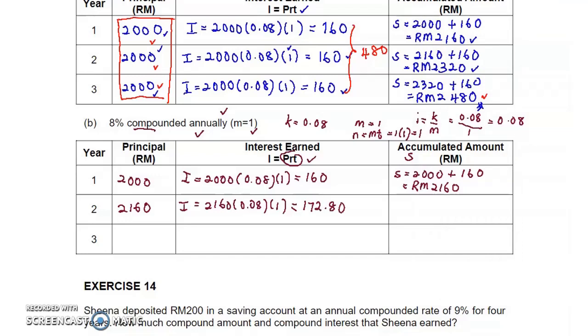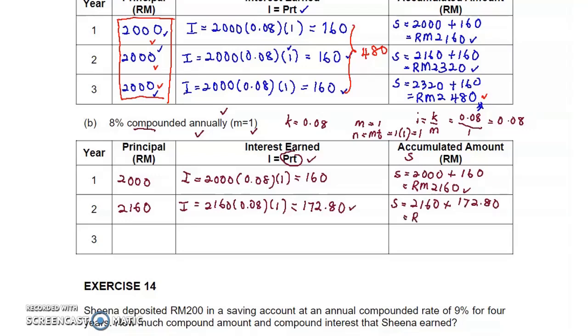After year 2, previously you had 2160, plus the second year interest of 172 ringgit 80 cents.